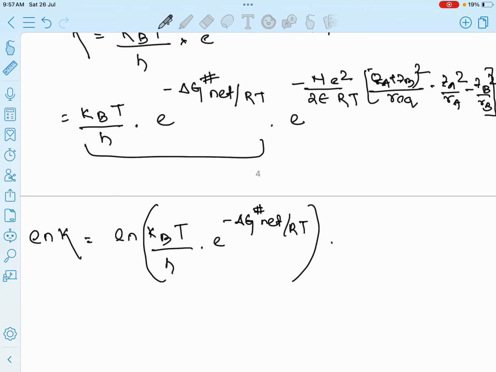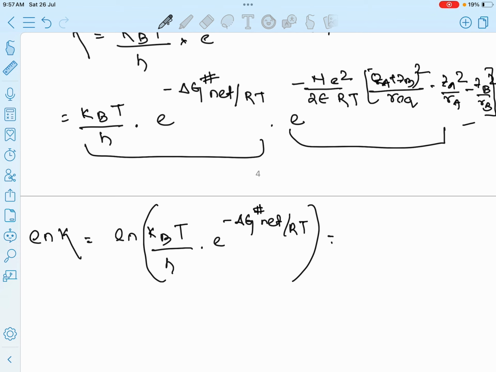This will be A and this will be B. Then after putting ln of A into B, we will have ln A plus ln B. That means e to the power, ln e, like this term will be there. And ln e is nothing but 1.